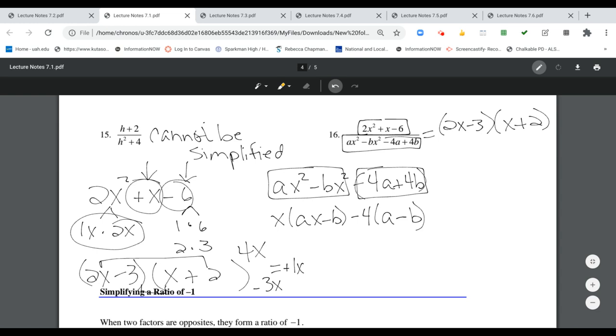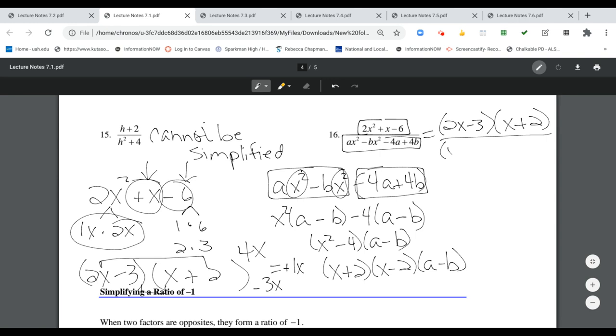I apologize, I left off my 2. So that's going to give me x squared minus 4 and a minus b. Common factor is x squared from that first group. Now, I can break down the x squared into x plus 2 and x minus 2, and then I have an a minus b.